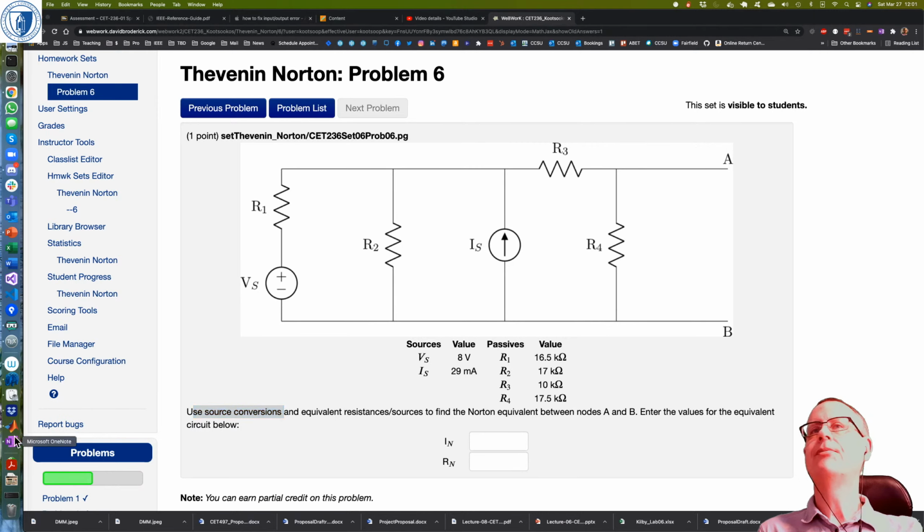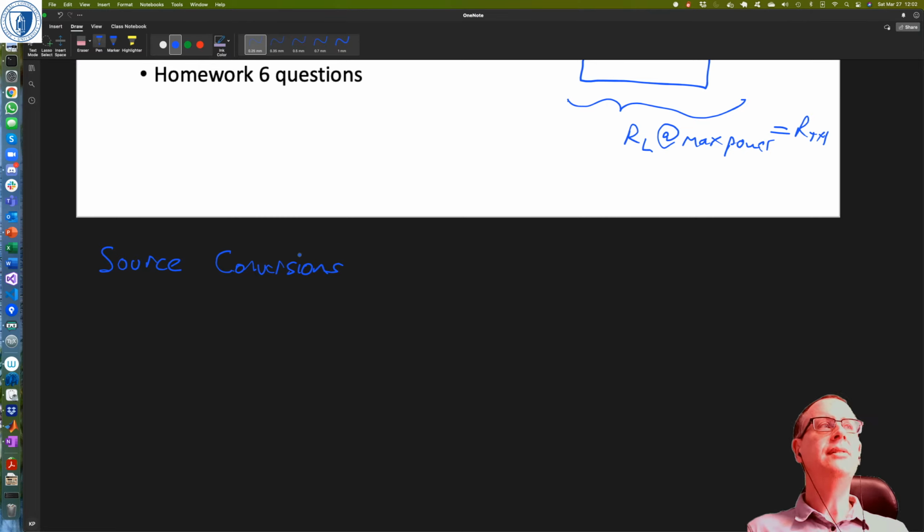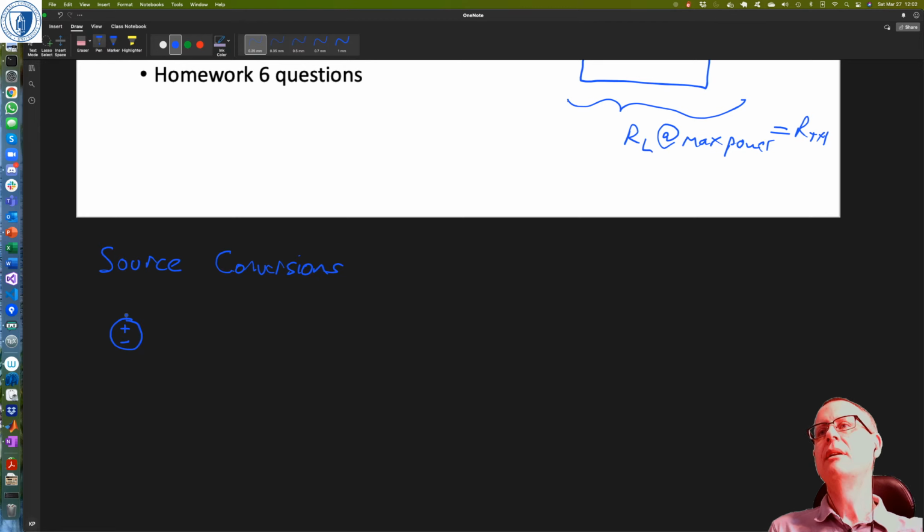Yeah, source conversions. And this is nothing more than noting that if you have a configuration like this, you can convert it to a configuration like this.